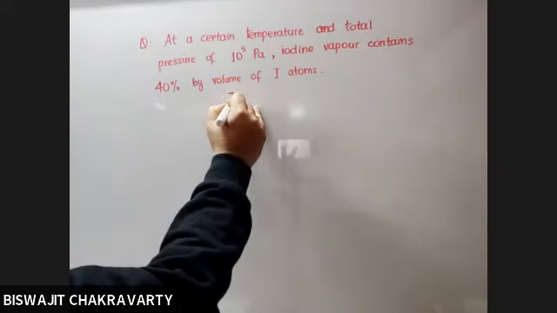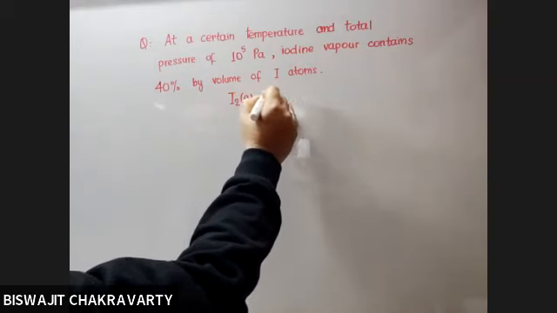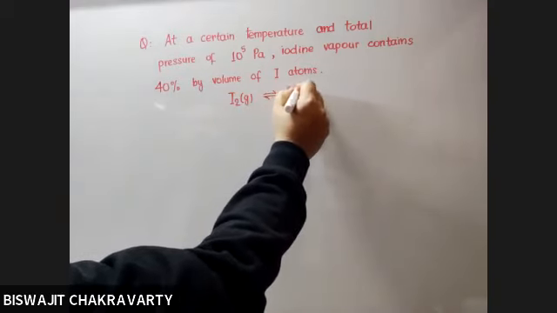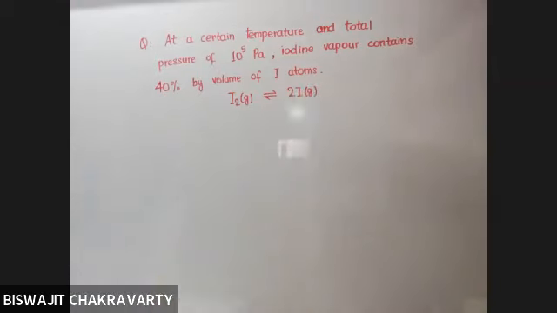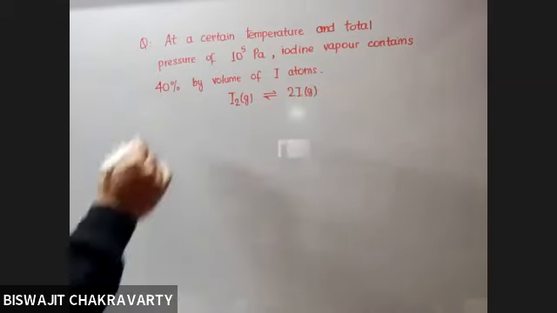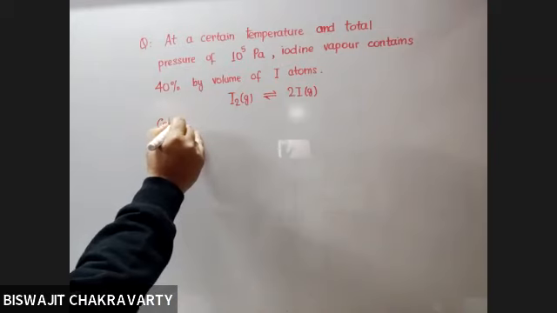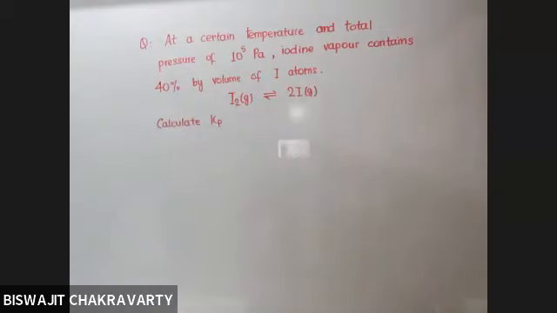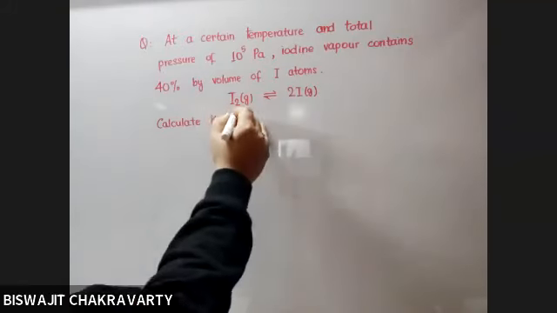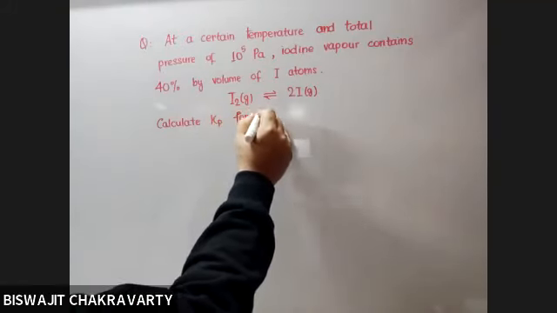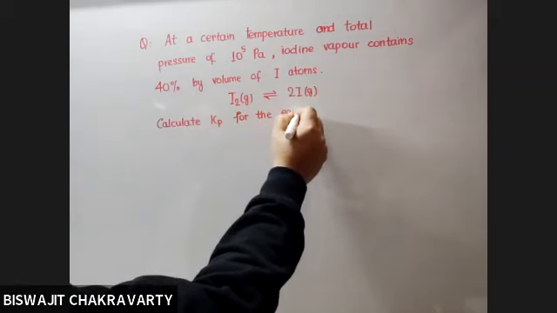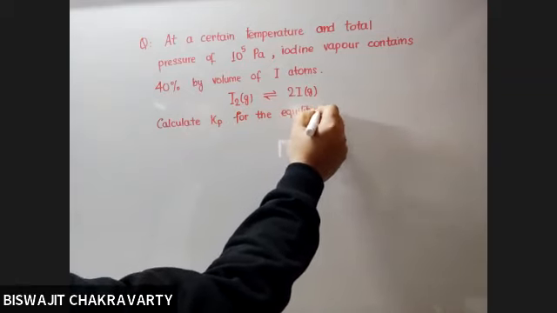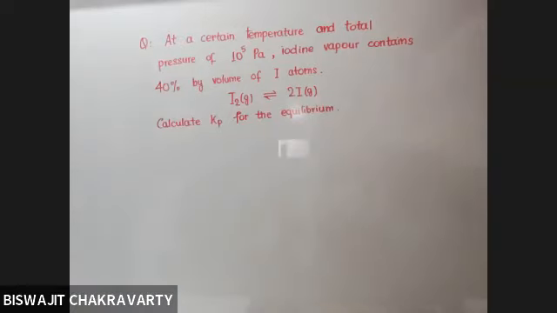The equation is I2 gas reversible twice I gas. Calculate Kp for the equilibrium.